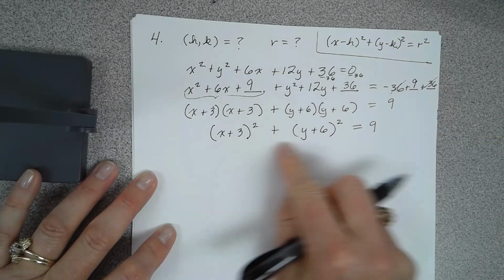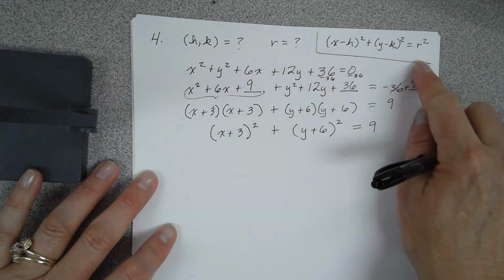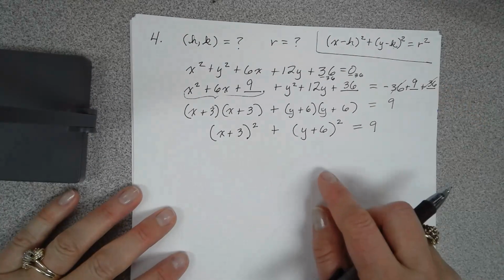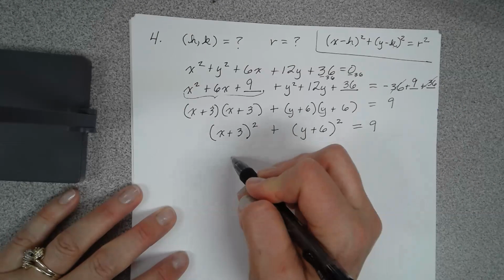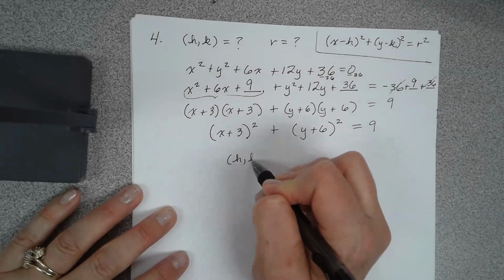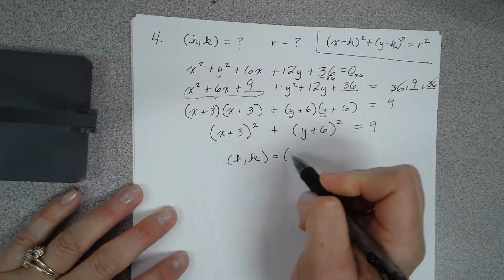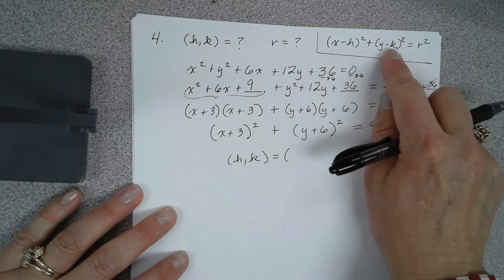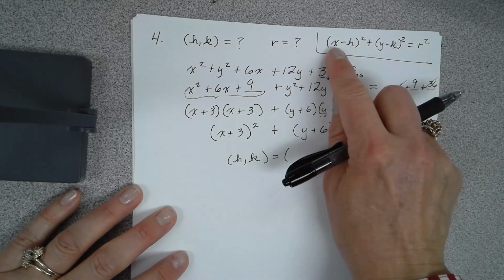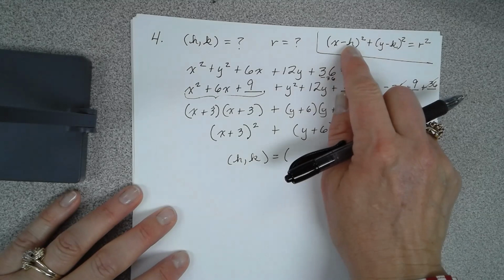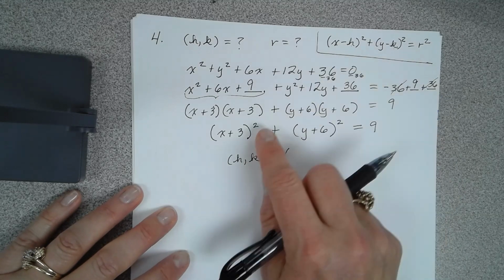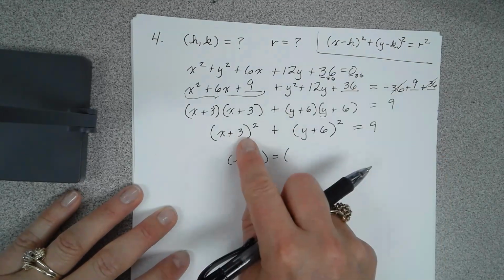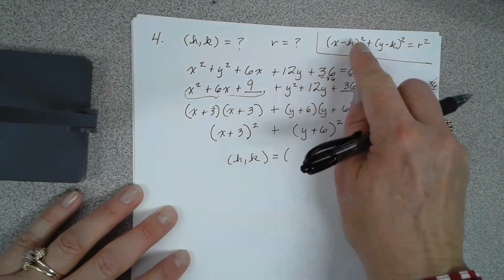Now I have it in this form so that I can see what the center and the radius are. What is the center (h, k) going to be? Notice, because this is subtraction in the formula, I want to know what I am subtracting from x. If h is negative 3, then that would make it plus 3, because you have minus negative 3.